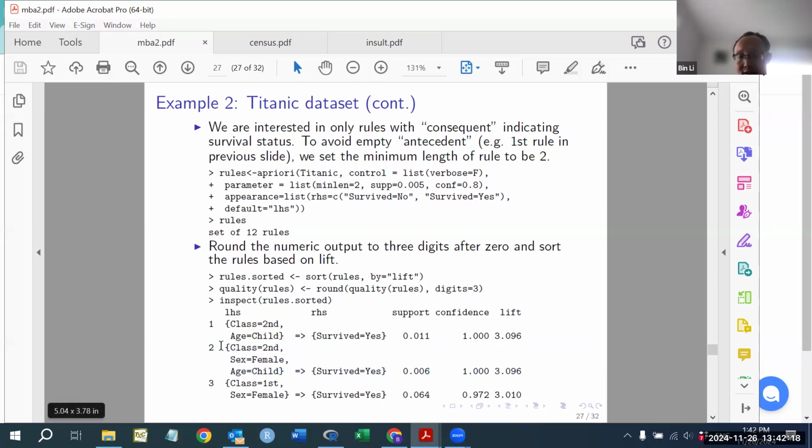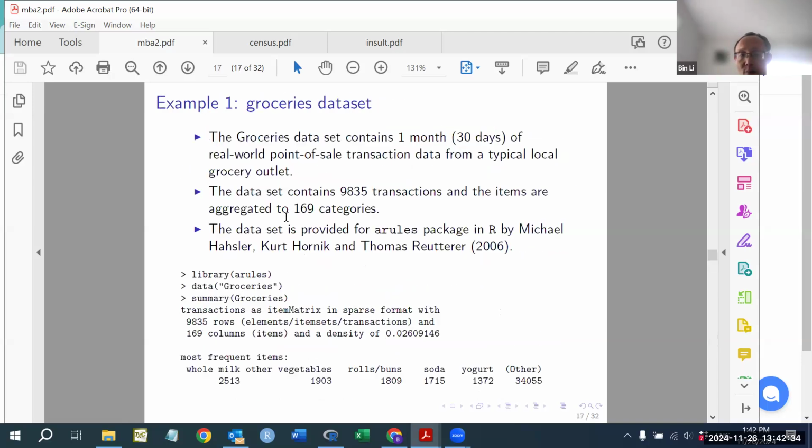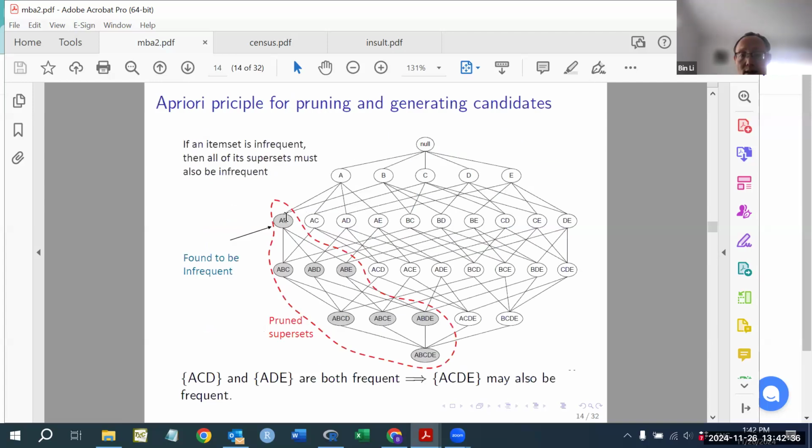Why? Because you can see that the left hand side in the second rule is a superset of the left hand side for the first rule. Remember the superset? We talked about the superset here, right?